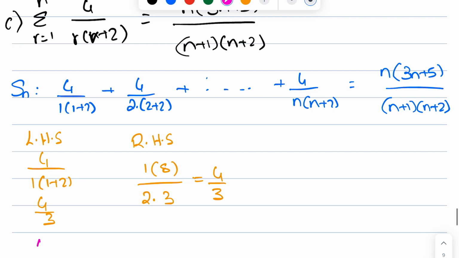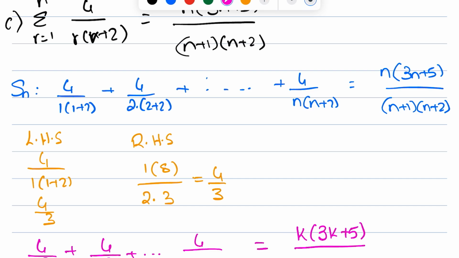So it becomes 4 upon 3 plus 4 upon 4 times 2 is 8 plus and so on, 4 upon n times n plus 2 should be equal to, instead of n it was k, right? So k times k plus 2 equals k times 3k plus 5 divided by k plus 1 times k plus 2.